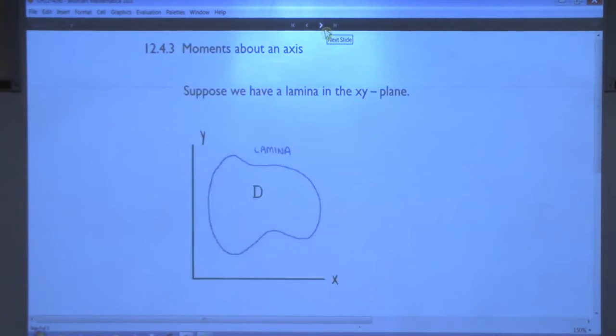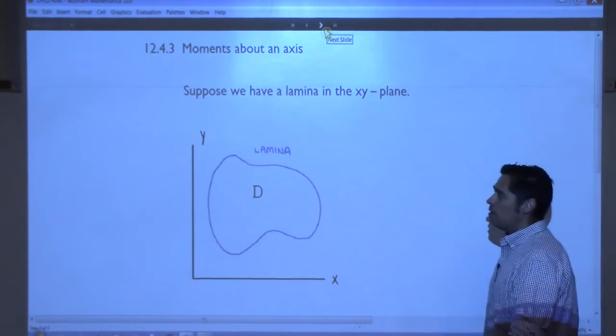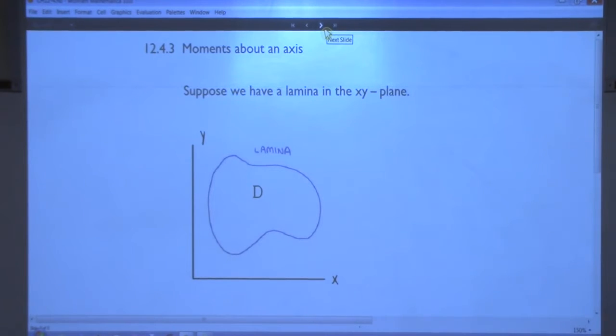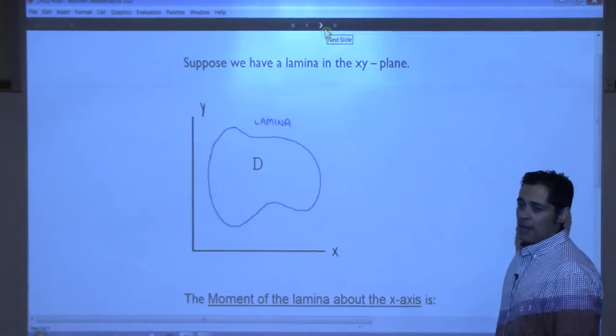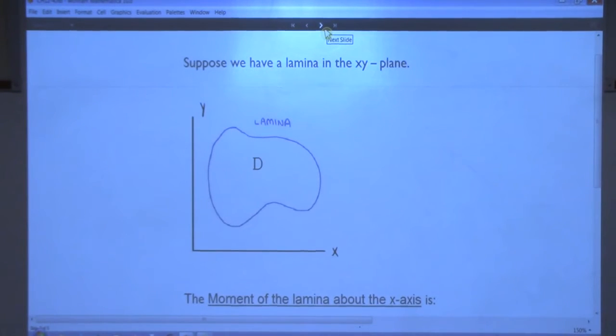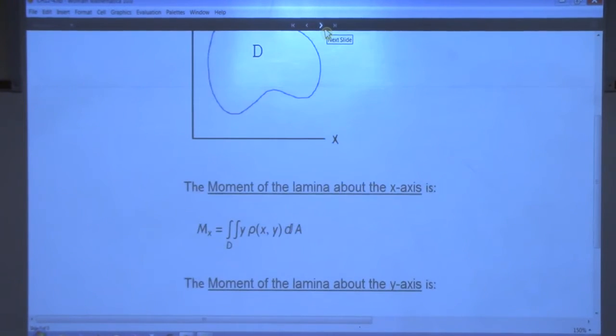Now, along with being able to find the mass of a lamina, you can find what's called its moment. This is a physics concept, and we use the moment to compute something else. So first, let's talk about what the moment is. Same lamina, with a variable density.